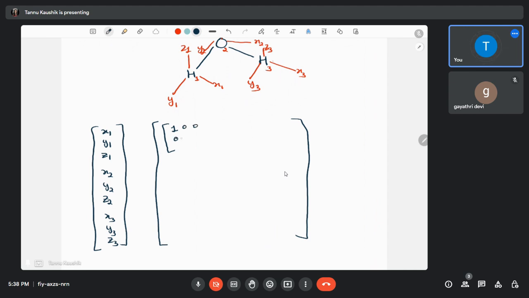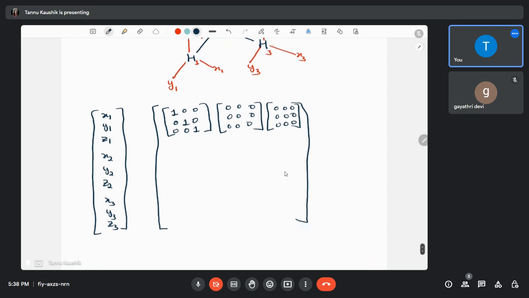So the coordinates for each of the atoms will be this. I'm writing it as 1 0 0 over here, and for x2, the oxygen atom, it will be 1, 0, 0, 1, 0.